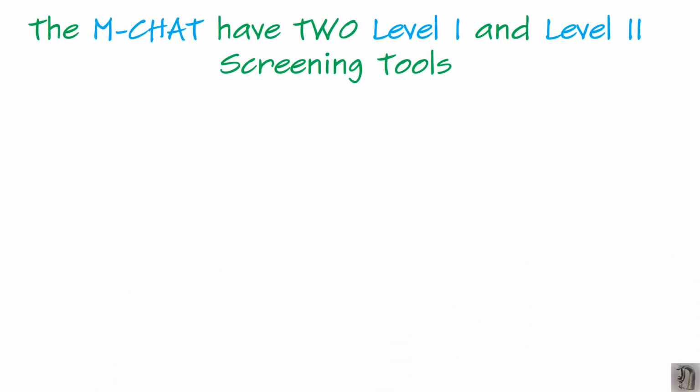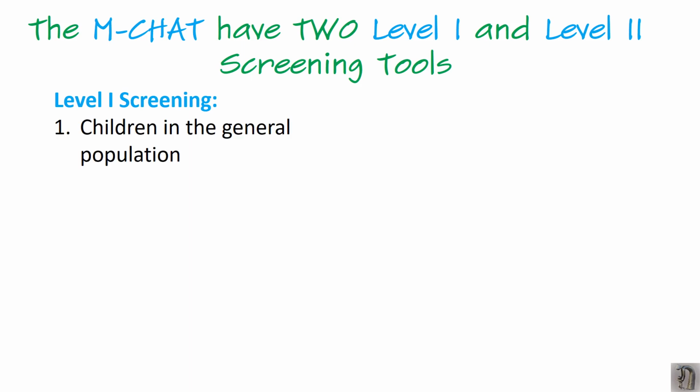So M-CHAT has two levels, level 1 and level 2 screenings. Let us see what those are. Level 1 screening covers children in the general population. That means you screen the whole population and try to understand which children have a suspicion of autism.